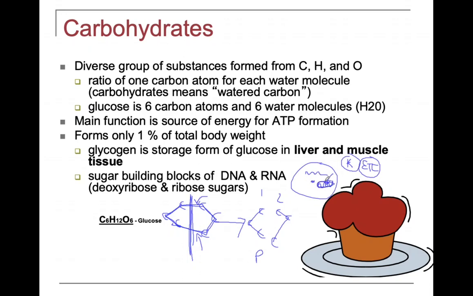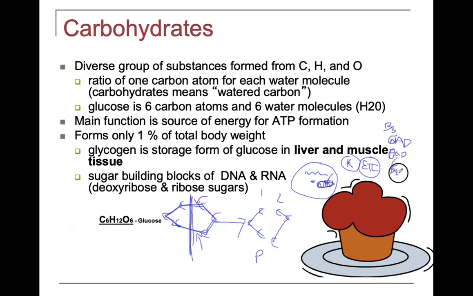And the purpose of the Krebs cycle is to make these coenzymes. The coenzymes are NAD and FAD. The N comes from niacin, which is B3, and the F, or flavin, comes from B2.